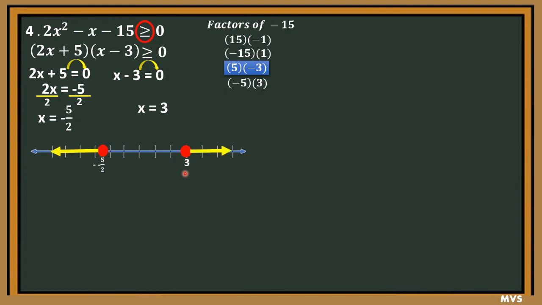Always remember, we have here 3 regions: left, center, and right. So let's go first to the left side for the test point. I'll choose -3. And then I'm going to use the factor form, 2x plus 5 and x minus 3.